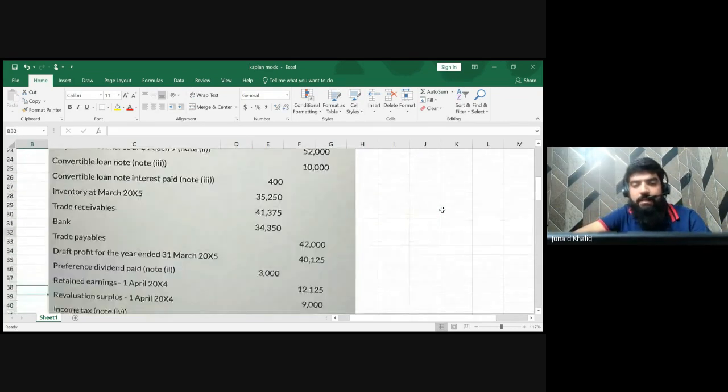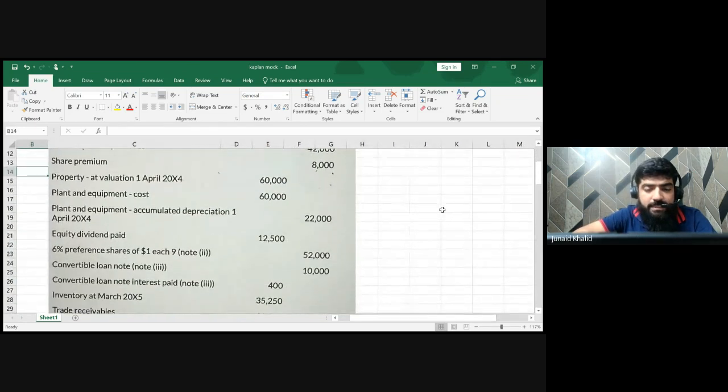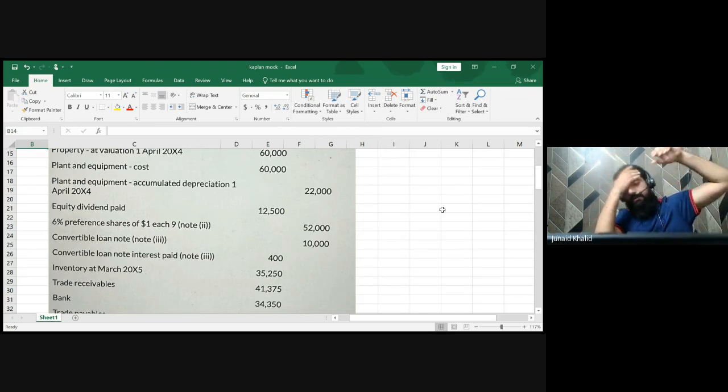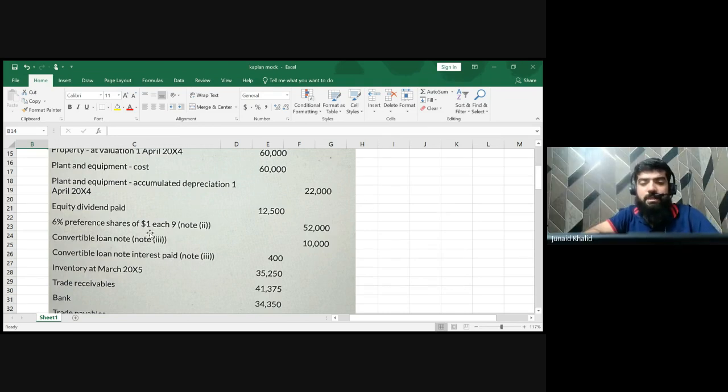Now, anything else? Let's see the trial balance. Share capital we are done, premium we are done, property assets, plant asset, equity dividend paid. This will be deducted from the retained earnings. Remember, whenever the company has paid the dividend, this will be deducted from retained earnings. Are you getting the point? Okay, 6% preference shares. Is this going to be recorded in liabilities?